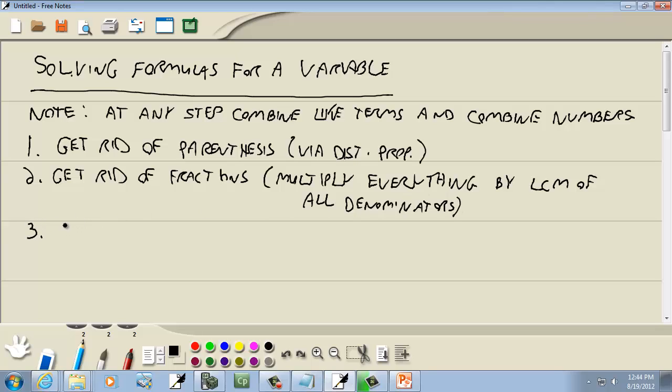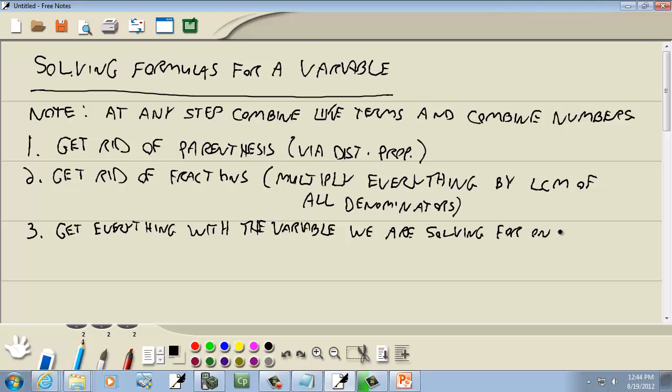Step 3. Get everything with the variable we're solving for on one side, everything else on the other side.